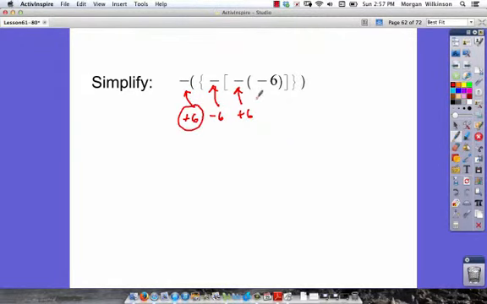We've got our answer. Now another way we could have done that, we've got 1, 2, 3, 4 negatives in a row. 4 is an even number, so since we have an even number, we must have a positive answer. So we've got our number, 6, and it must be a positive. Just like we saw when we worked through talking about opposites, just using a little bit different logic as we think about it.